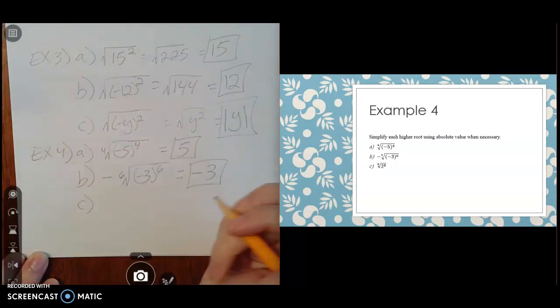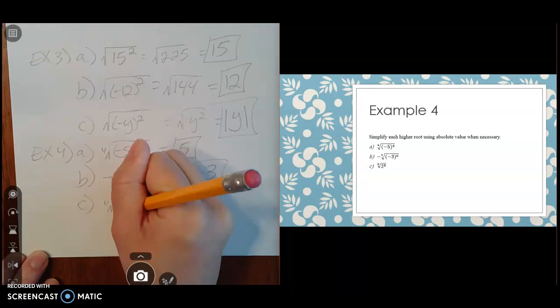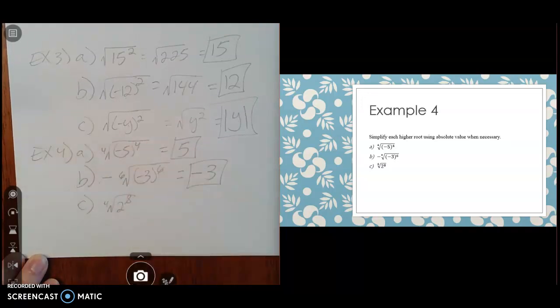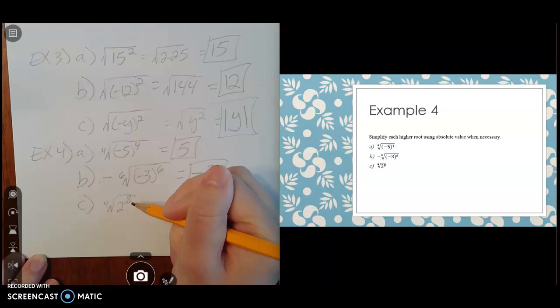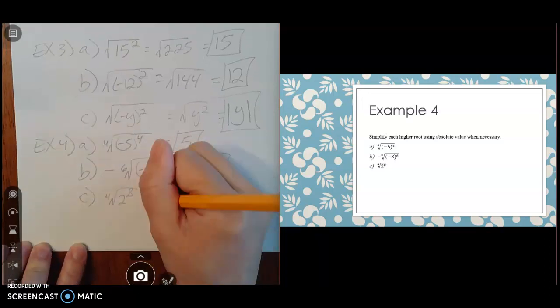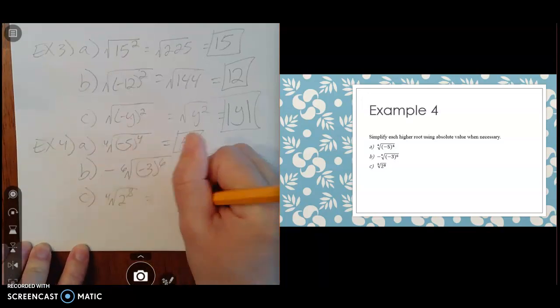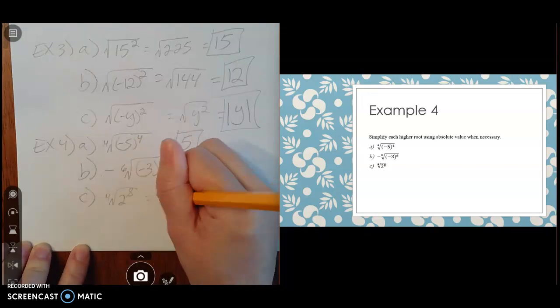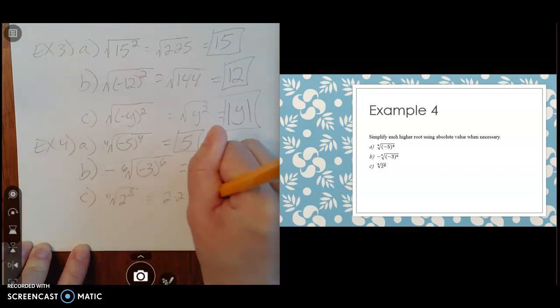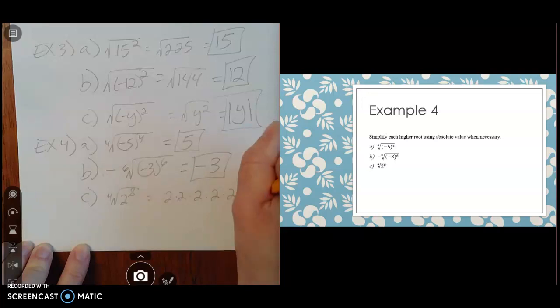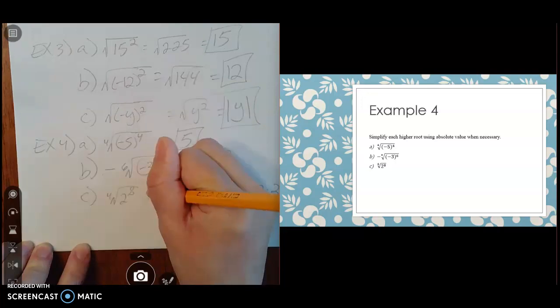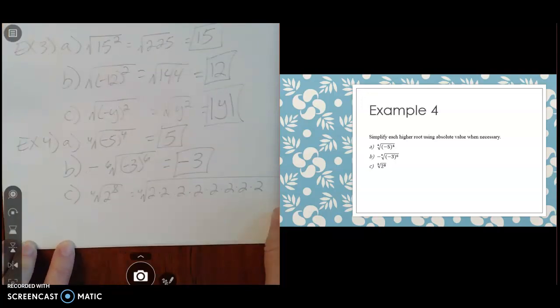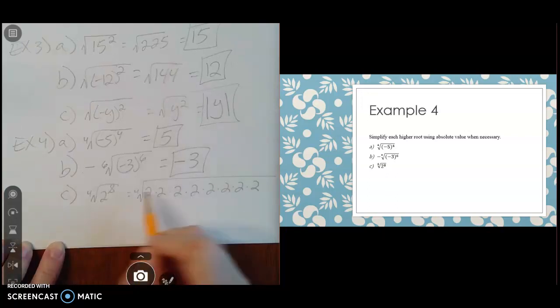All right, last one. What if I have the fourth root of 2 to the 8th? Wait a second, those aren't the same. They don't just cancel out, do they? So what's really happening here is that 2 to the 8th is 8 twos multiplied together. 1, 2, 3, 4, 5, 6, 7, 8. And we're taking the fourth root, which means I'm looking for groups of 4.